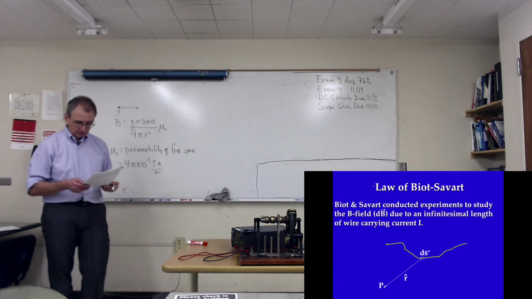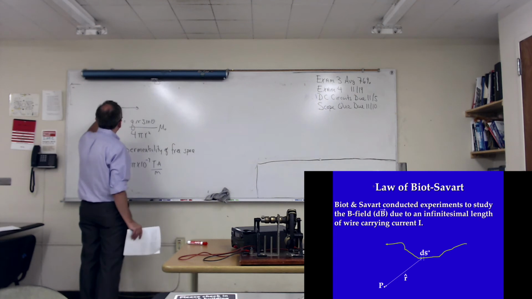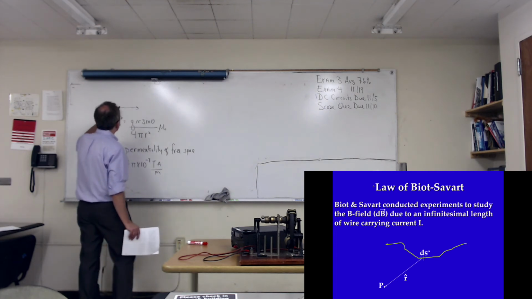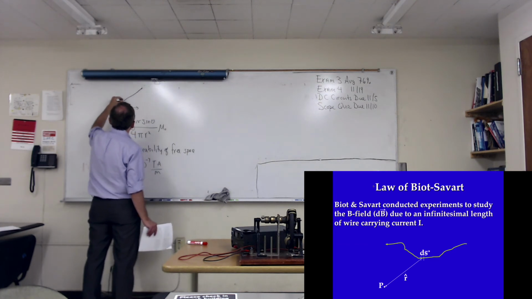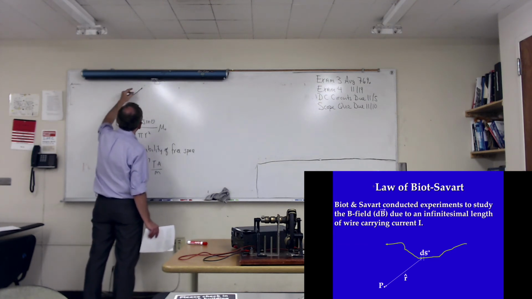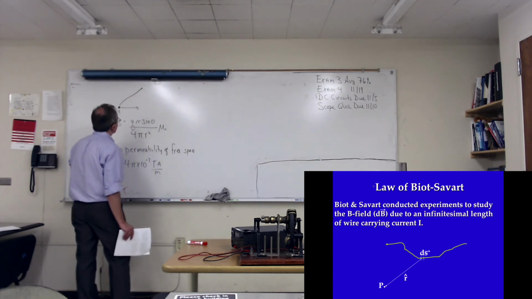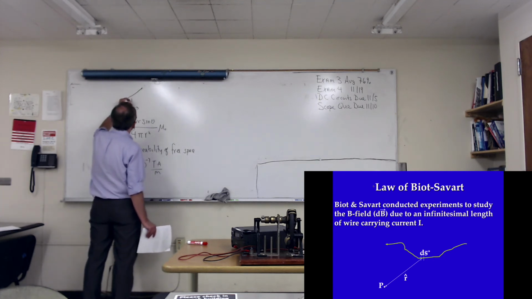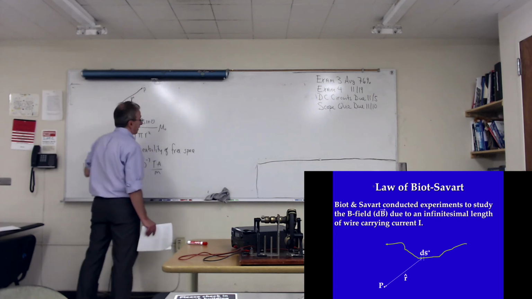Let's say I wanted to calculate the field due to this charge at this location. This r is this distance, the magnitude of the vector that points from here to this point in space.